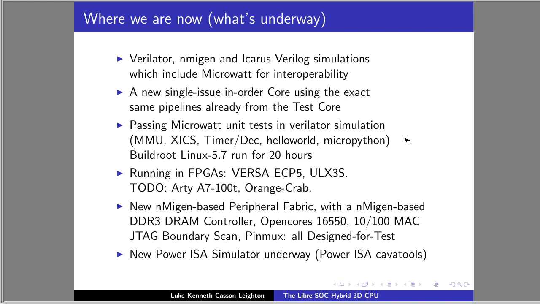So on top of this, we're also adding a new single issue in order core, which again was using the exact same pipelines that were already done and already completed from the test core. Now, these pipelines have had a wrapper put around them, which allows them to be tracked for out of order multi-issue purposes. So it's total overkill. This is why it's important to understand that we're not just going for a goal of doing maybe an in-order core, and that would be really exciting.